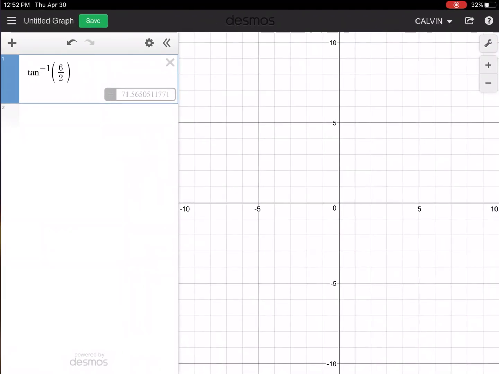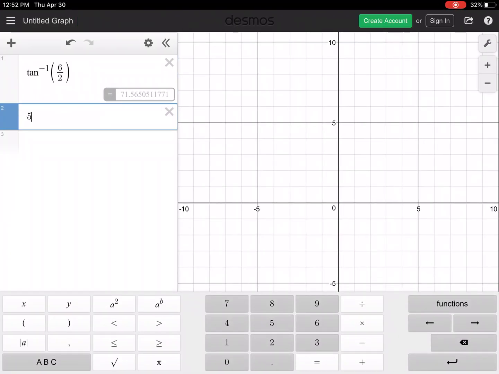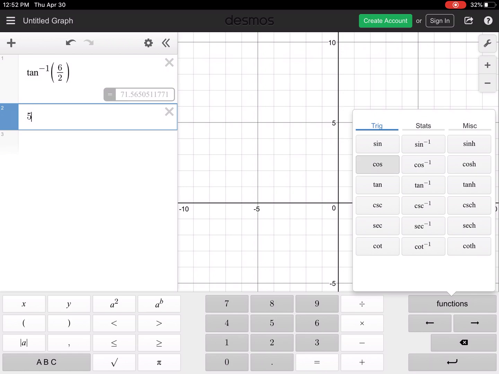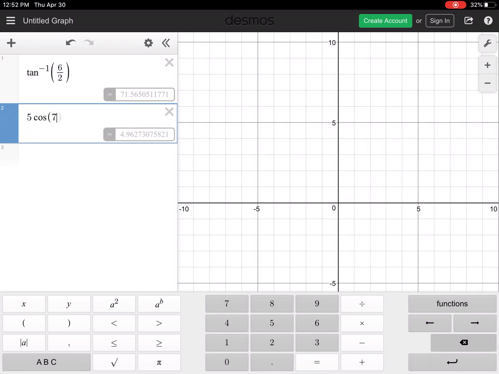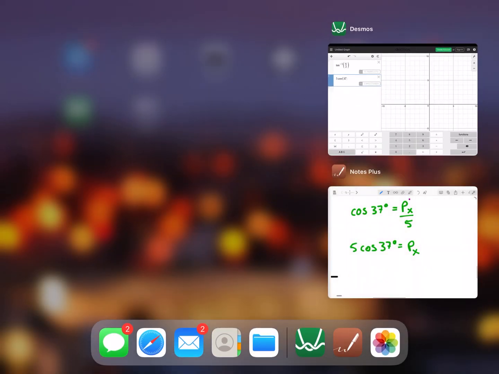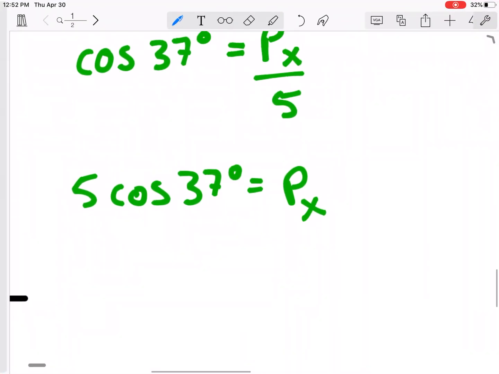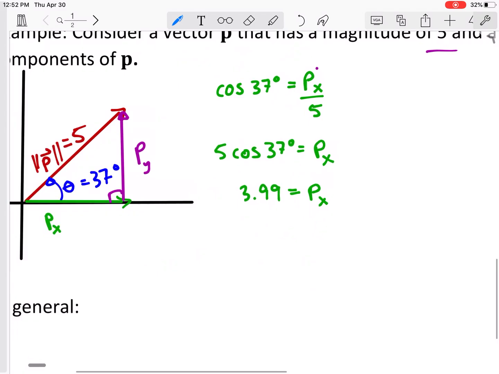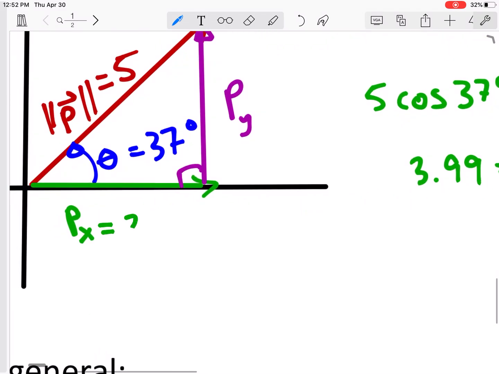Use a calculator to figure that out. 5 cosine 37 degrees is 3.99. So 3.99 is equal to P sub x. So that's our horizontal component.